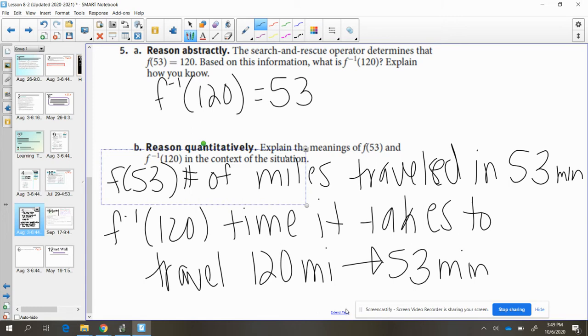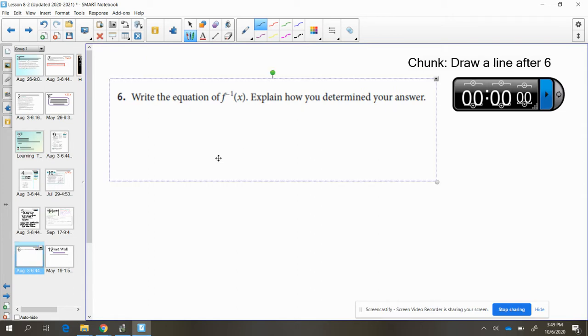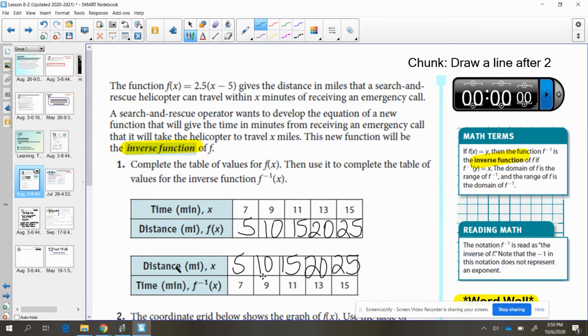Now we actually can find the equation of f inverse, and we can do that by looking at those points on the graph. We have these points here that we know are lying on that graph, for instance 5, 7 and 10, 9.